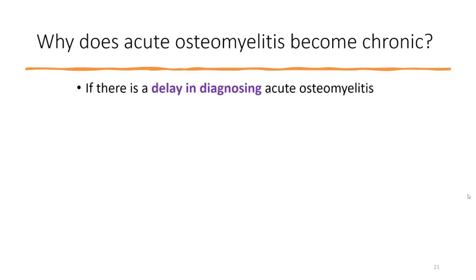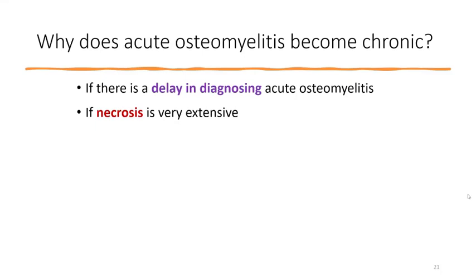So what are the reasons for progression into chronic osteomyelitis? If there's a delay in diagnosis of osteomyelitis, we will be treating late, so there will be huge damage to the underlying bone, which makes healing impossible, progressing into chronic osteomyelitis.